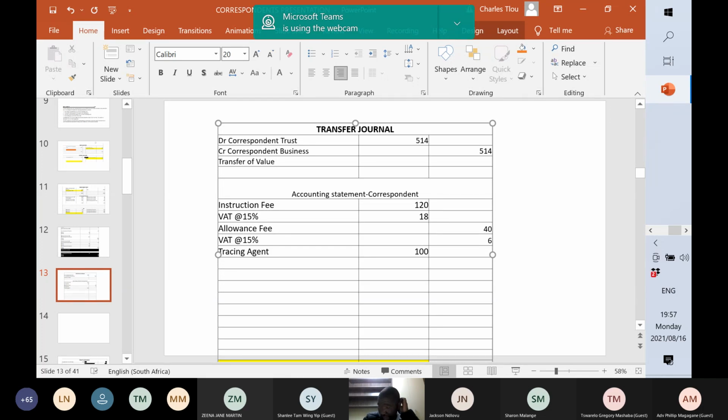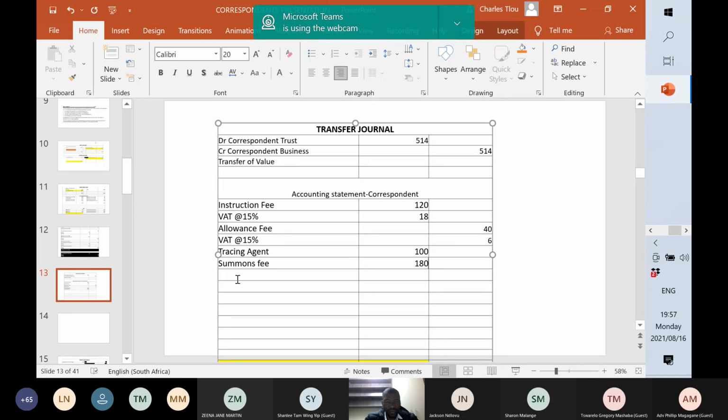Summons fee, 180 rands. When you come here, write summons fee. And because the fee again goes to the debit side, 180, debit side.